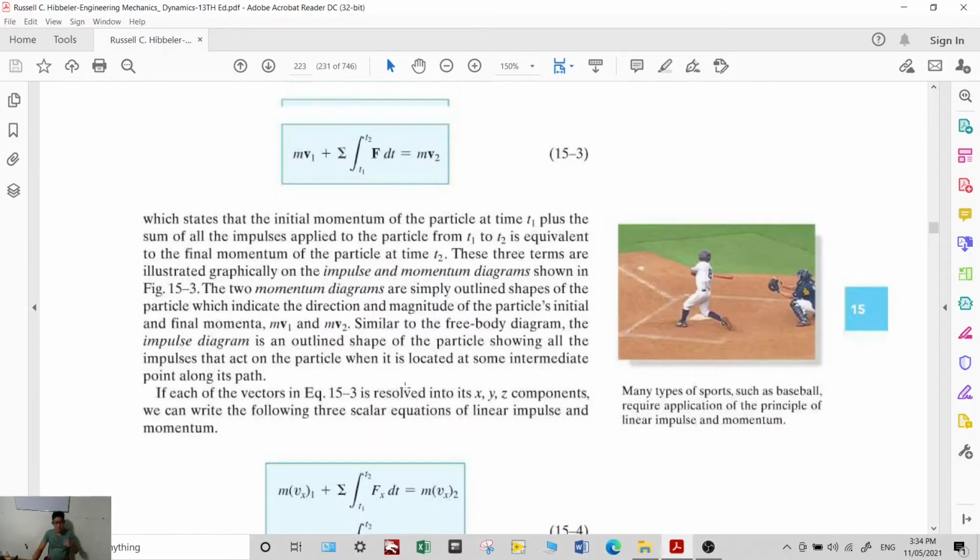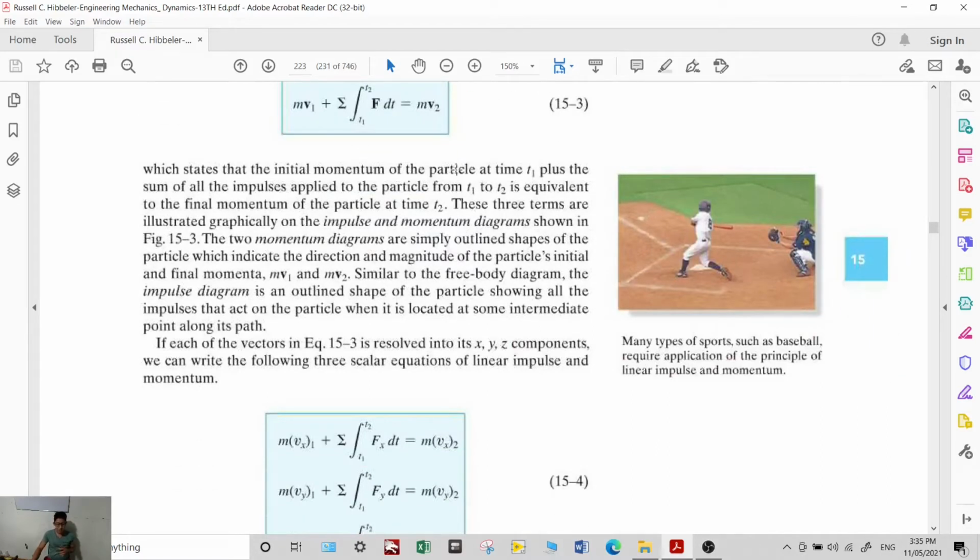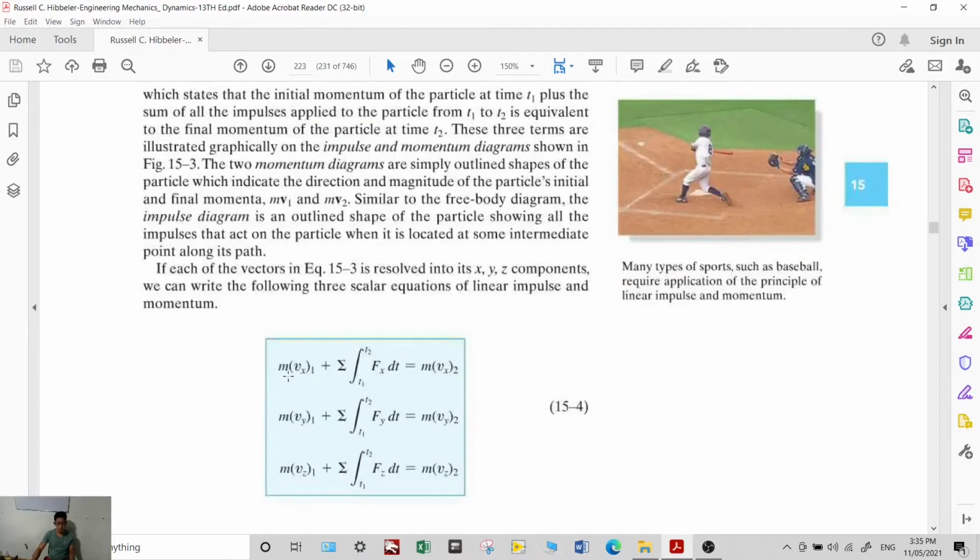Okay. So, this is the vectorial representation. Now, we can actually break this one into the Cartesian components x, y, and z. Okay, so that it simplifies our solving later on.